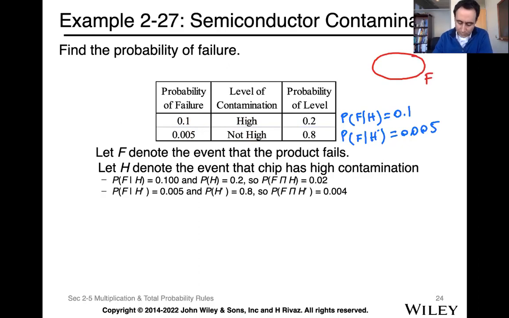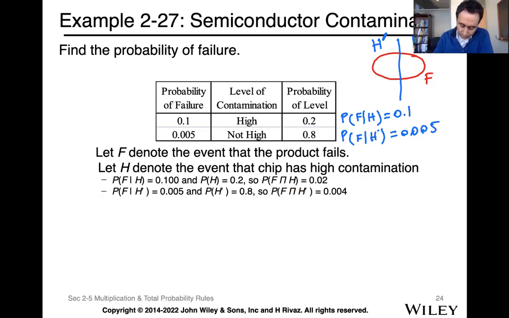Failure can happen for two reasons. It can happen either because I have a high contamination, or it can happen because I have H prime, or low contamination, right? So I'm going to add these two parts. I'm going to say probability of failure is this probability plus this probability, right? So let's first calculate this probability. Probability of failure and H prime, so this part.